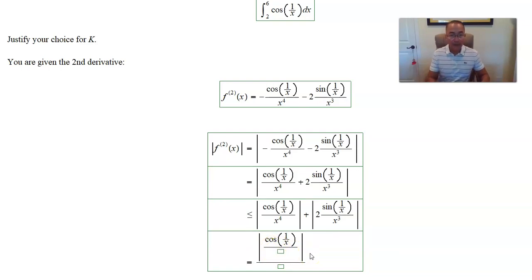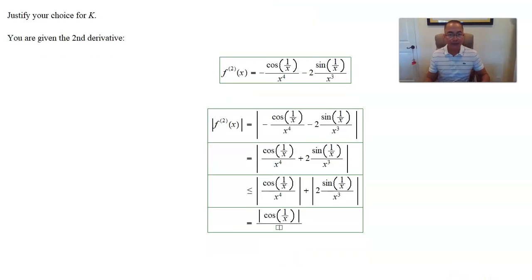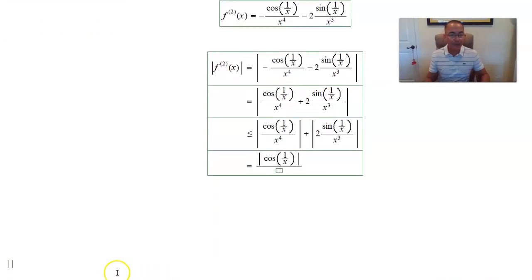So I will edit this. Okay, I will take this out. There we go. And in the denominator, I will have absolute value of x to the 4th. So let me fetch my absolute value symbols here. In the denominator, I have absolute value of x to the 4th power.